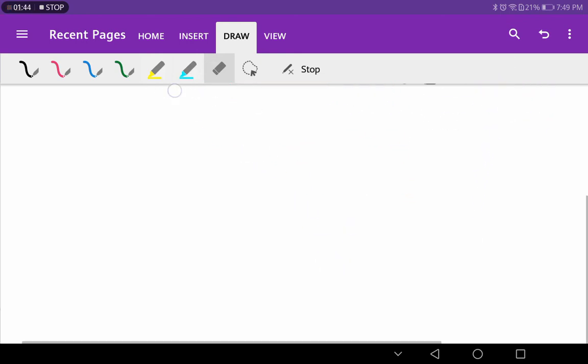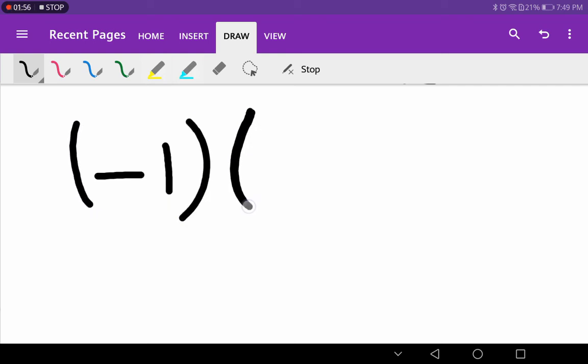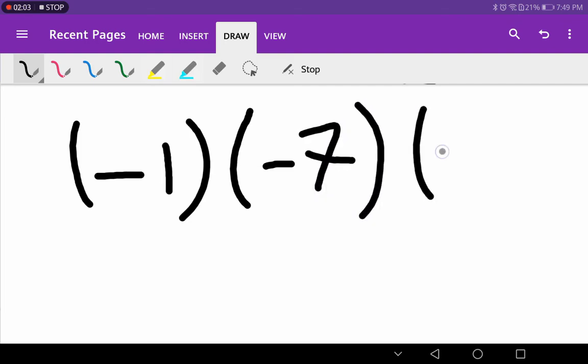Okay, what else? If I have negative 1 multiplied by negative 7 multiplied by negative 3. Teacher, you said if we have both negative, it will be positive.